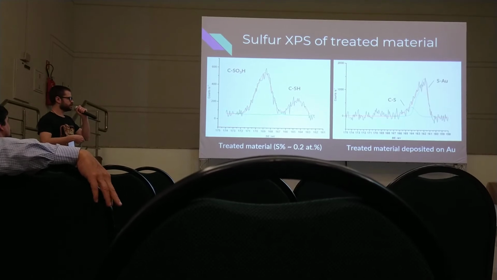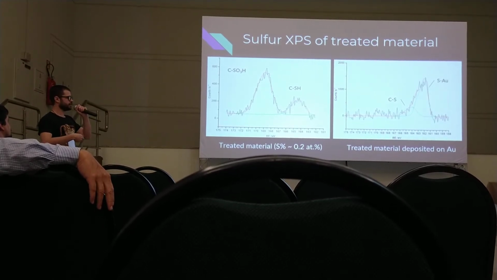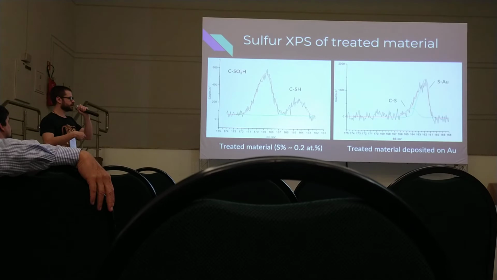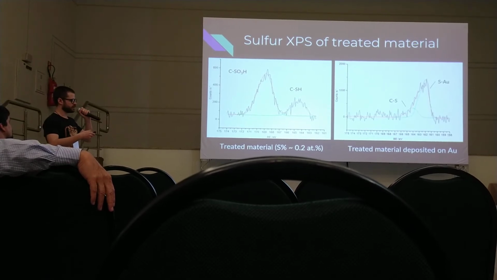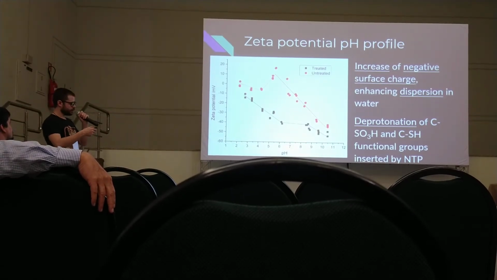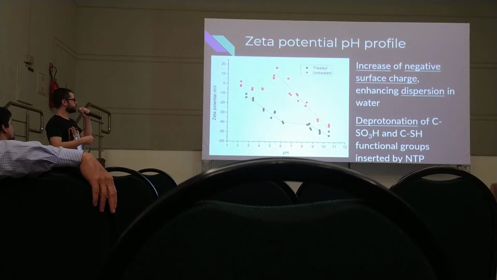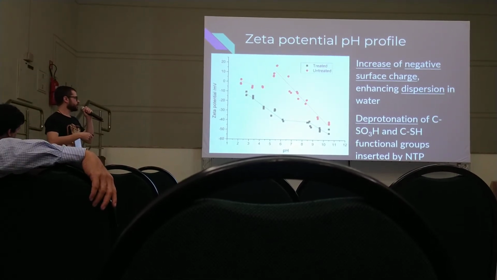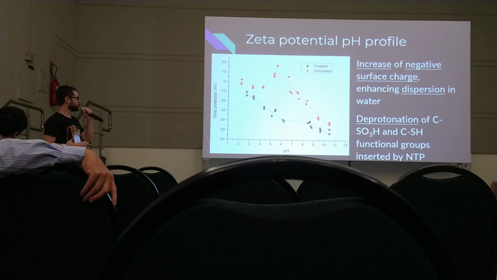My friend did some applications on voltammetry that I won't show, and it shows a much better electric contact. And we investigated the zeta potential to see why it disperses so well.